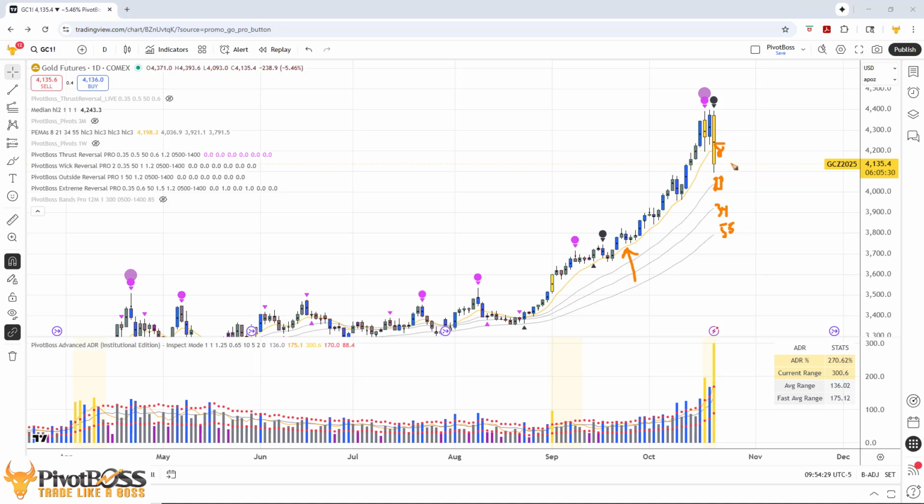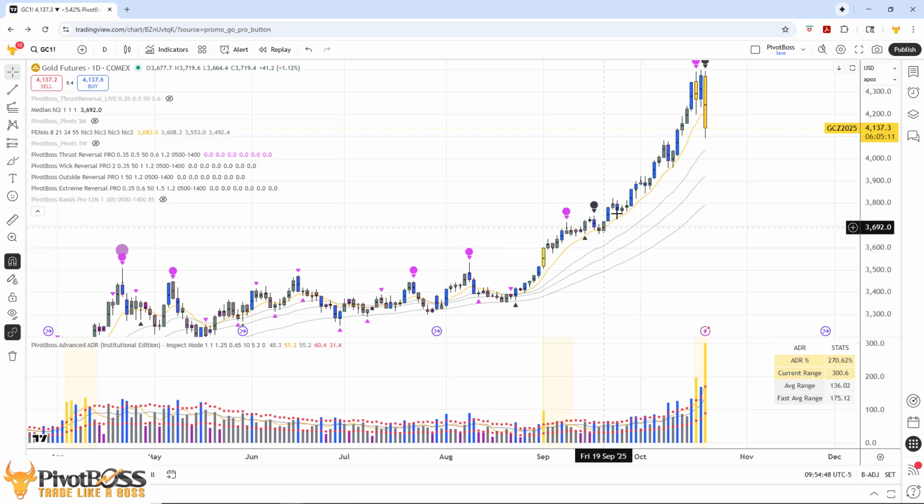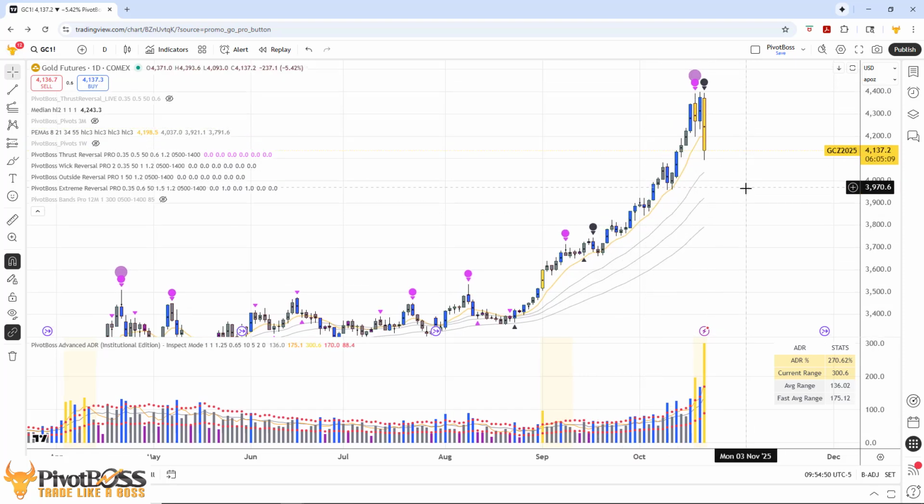Some people do the standard 10, 20, 30, 50, whatever. Pick your own. I really like the 8. I make it yellow or gold in here so you can really see it stand out, because when you get into an intense trend, it rules the trend. Just that alone rules the trend in a big way.